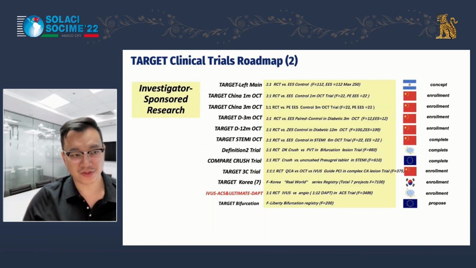This slide shows the investigator-initiated trials. The still ongoing large cohort trial is the ULTIMATE DAPT, which is IVUS-guided versus angio-guided. This is one fraction. The other fraction, this is a 2 by 2 fractional design, is also 1 month DAPT versus 12 months.